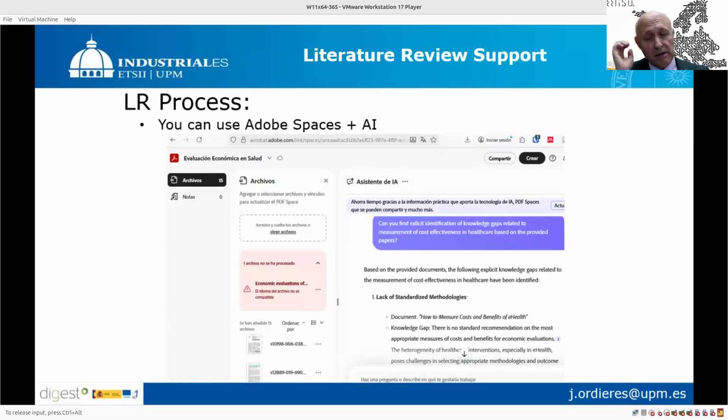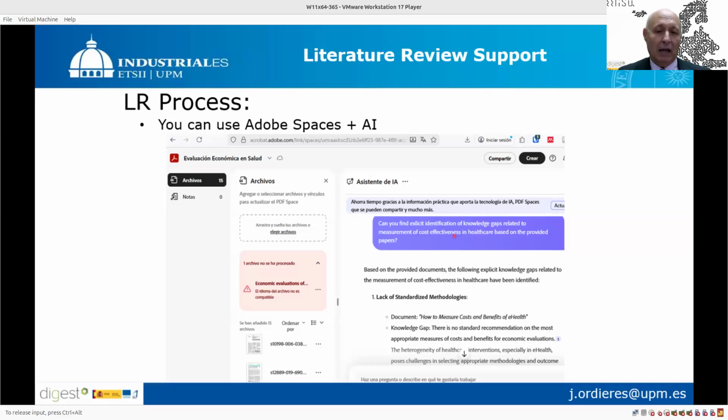Then finally, you can see here the use of, in that particular case, 15 papers, the same 15 we were discussing before. After uploading them into the Acrobat web area, I started using Spaces. And then I use the AI system to ask questions about the provided files.